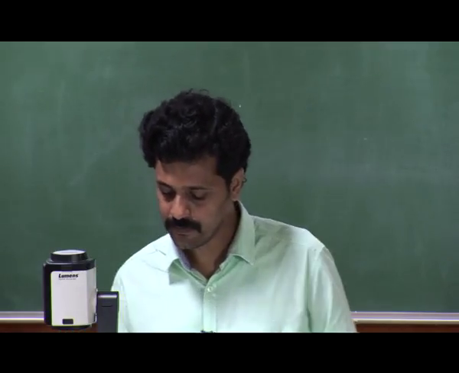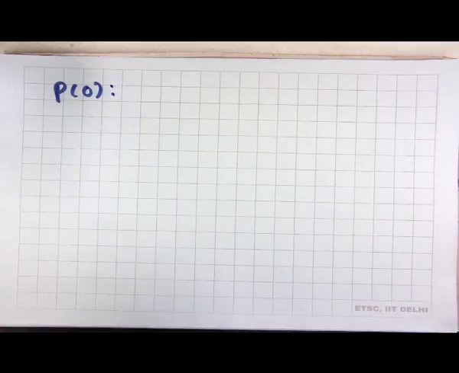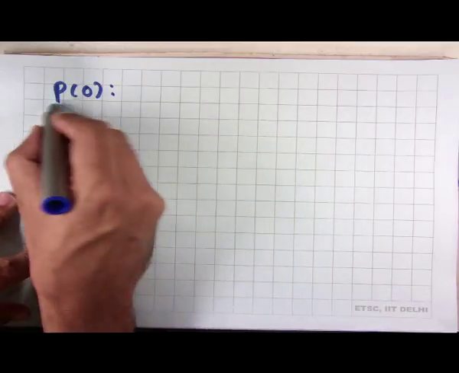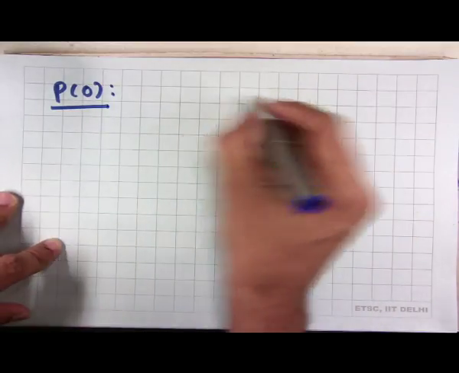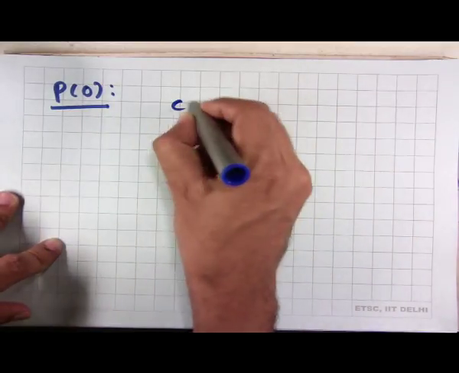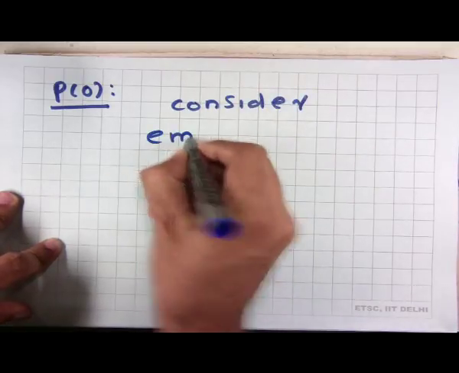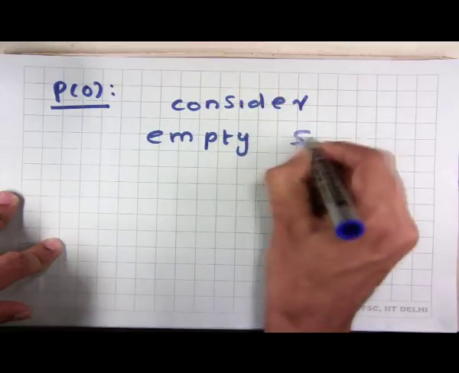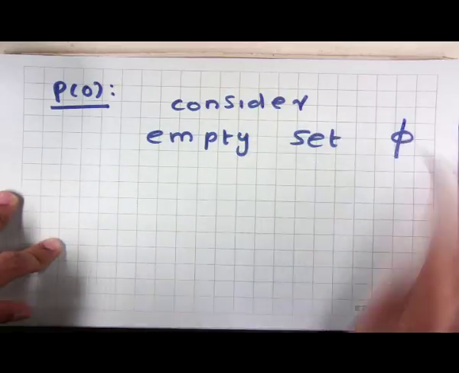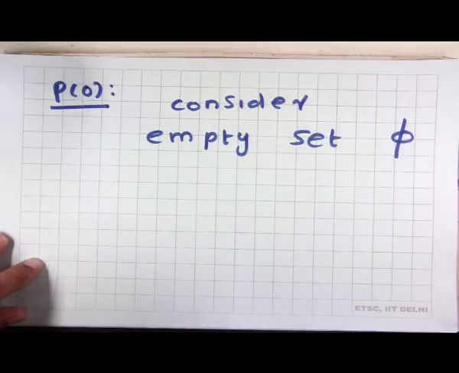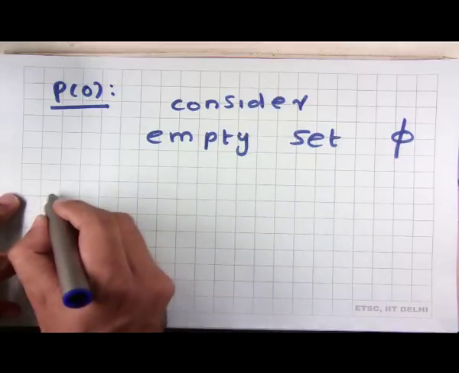What is P of 0? You have to consider a set with 0 elements. A set with 0 elements is the empty set. What are all its possible subsets?